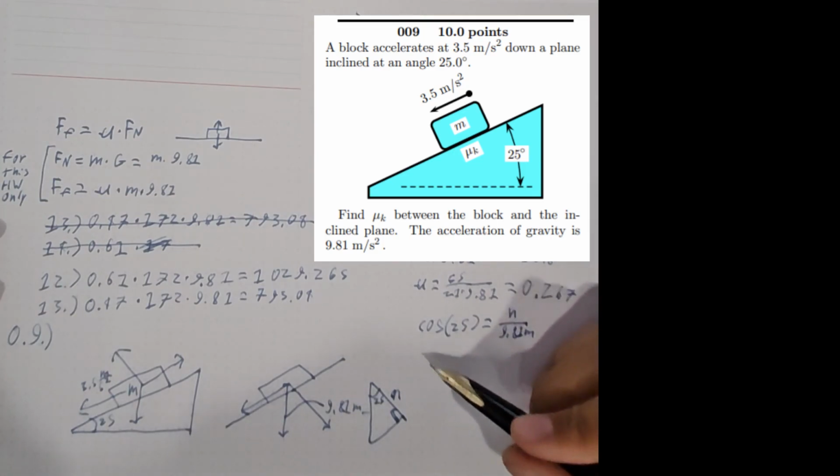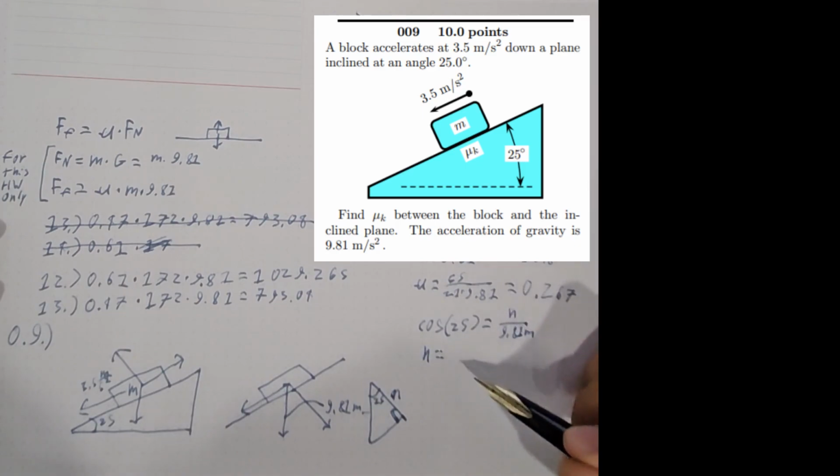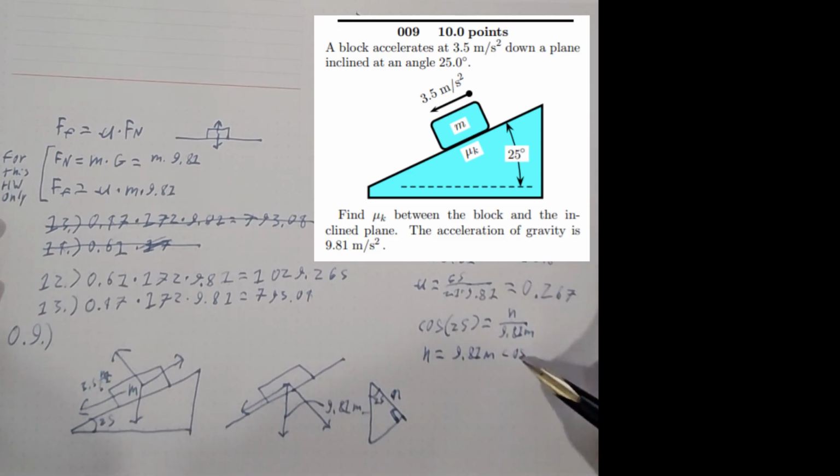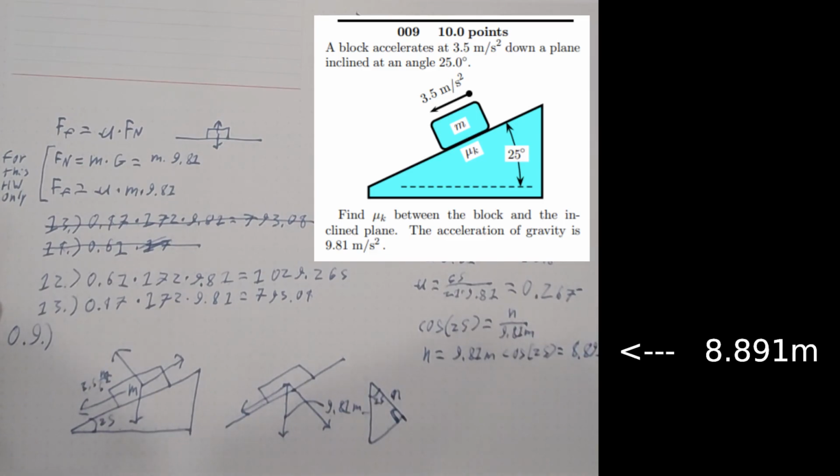So n is equal to 9.81 m cosine of 25, which is also equal to 8.891 m.